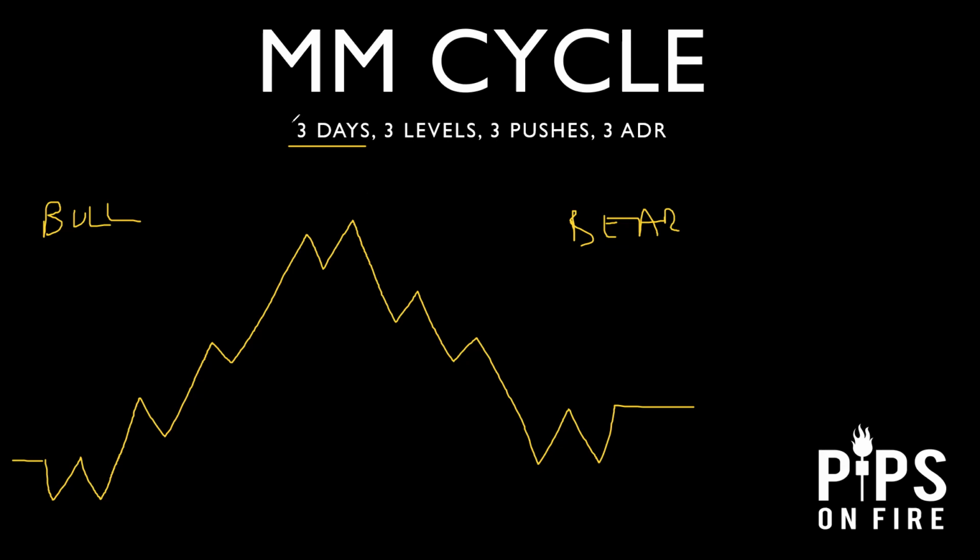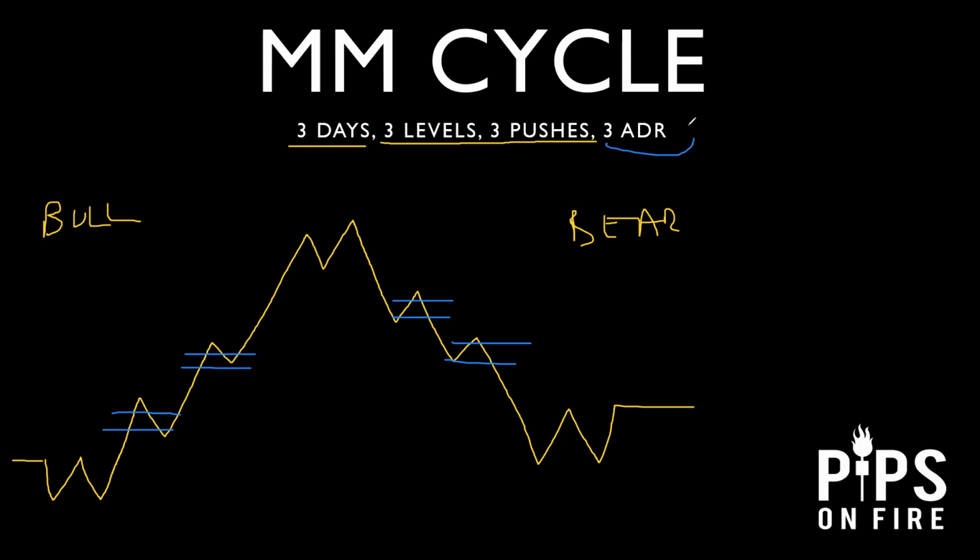Because sometimes it could take anywhere from 3 to 5, sometimes even 10 days for these pushes to complete. Why? Because you have these areas of consolidation that really just take over the chart, right? And we're going to talk about that.